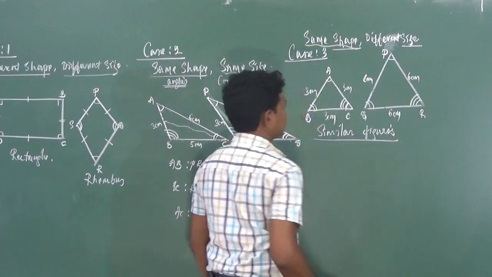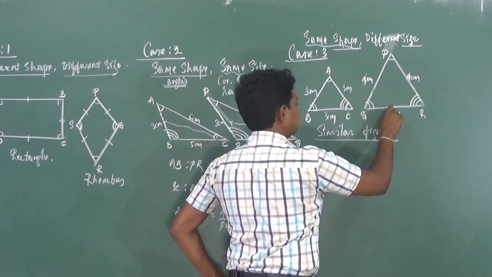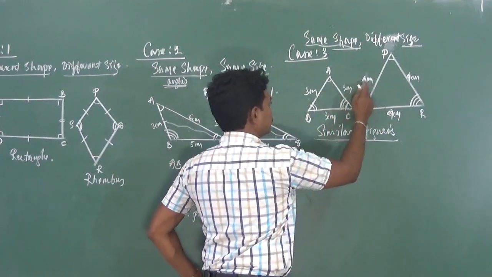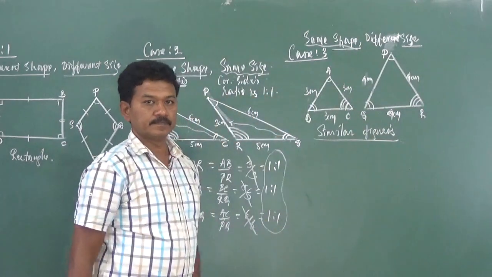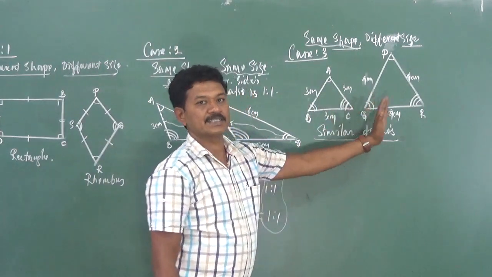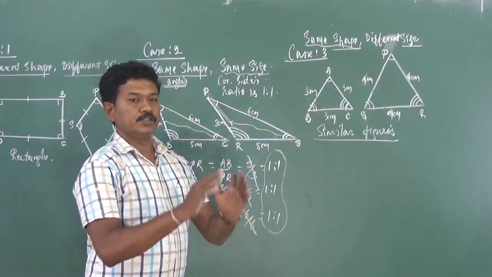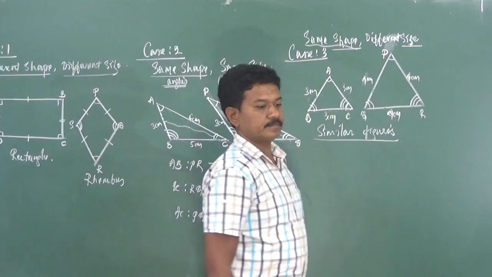For example, if I take 9 centimeters, 9 centimeters, and 9 centimeters, then AB is to PQ is 3 is to 9, that is 1 is to 3, 1 is to 3, and 1 is to 3. The ratio changes, but they have the same shape but different sizes. So geometrical figures with the same shape but different sizes are called similar figures.